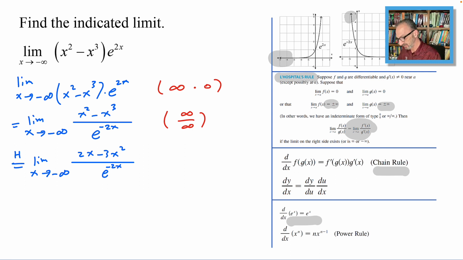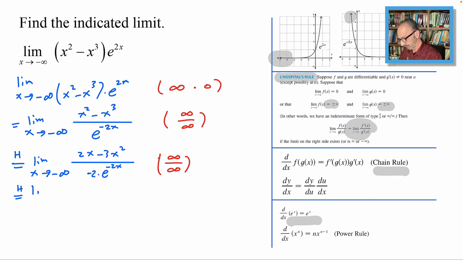Let's write negative 2 up front. Now, if you attempt to apply the limit as x approaches negative infinity, we have again infinity over infinity format. So we need to apply L'Hopital's rule again.